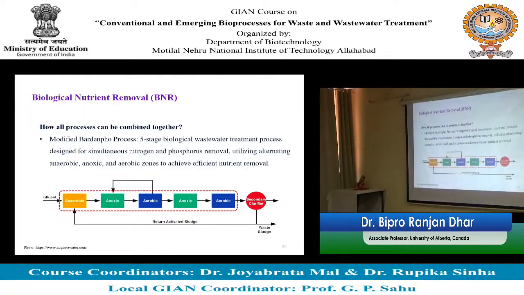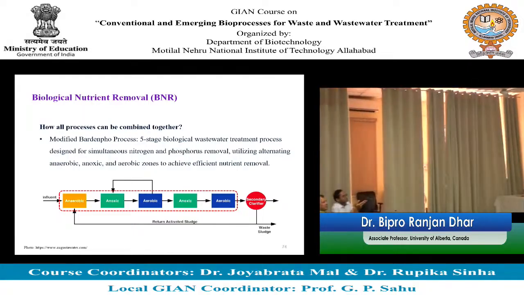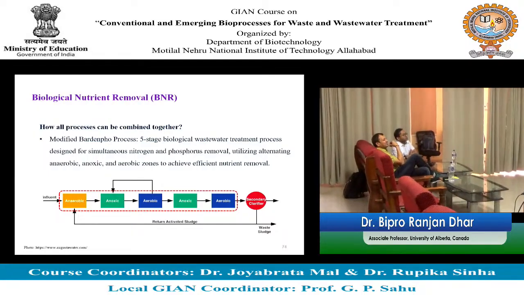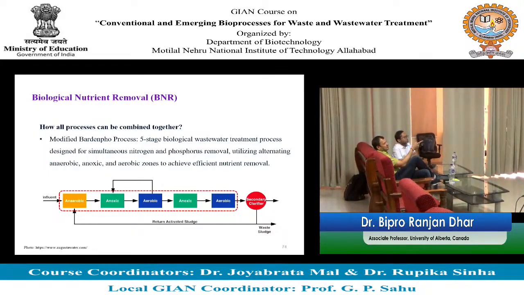Why are we doing anoxic and aerobic two times, anoxic, aerobic? That I could not understand. Why are we repeating it two times? It's kind of a process where, if there is anything remaining, it's going to be removed in the second stage, trying to improve the efficiency.